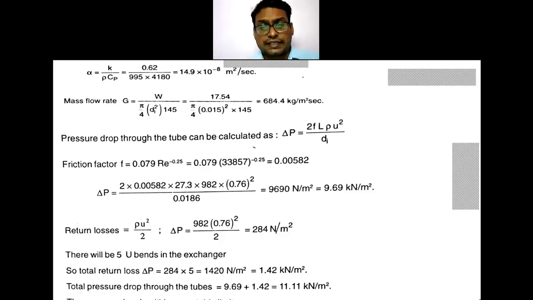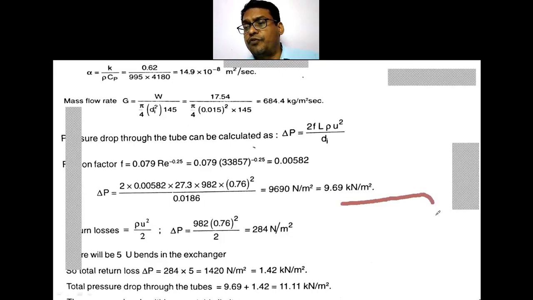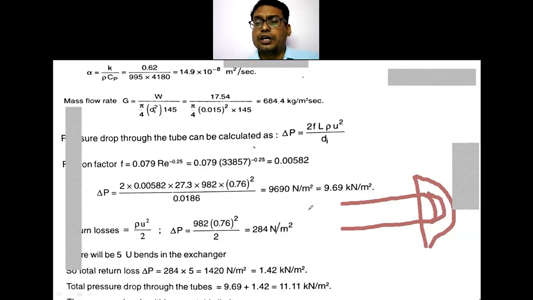Then return losses, as the fluid is turning, that is, there are two passes on the tube side, the fluid moves in the forward direction and then there is a second pass. So in this shell cover, the fluid changes its path, and here some losses can also occur.